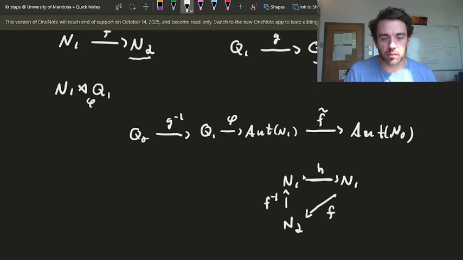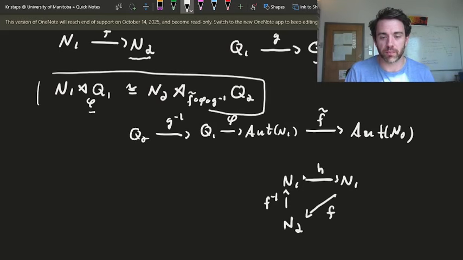And now the claim is that this semi-direct product, defined by some phi, will be isomorphic to the semi-direct product of N2 and Q2, defined by F tilde composed with phi composed with G inverse.